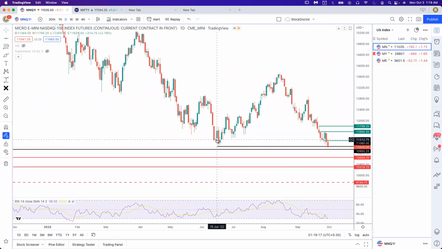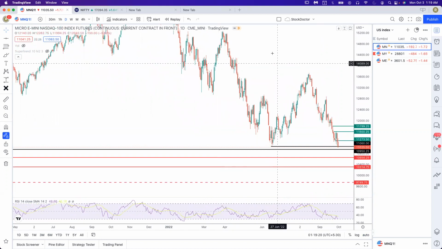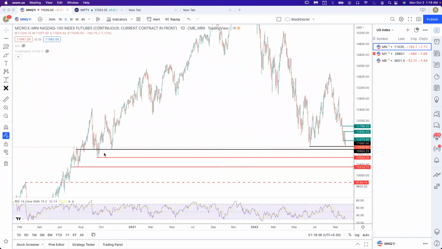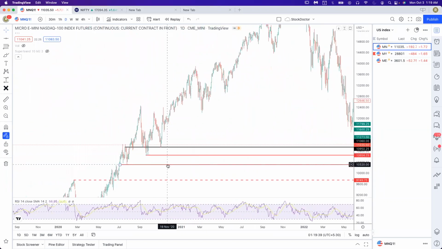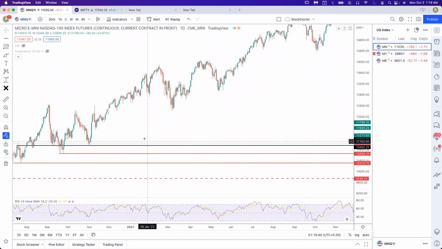Okay, and you can see here this was the first low, somewhere around 16th of June, right? The second low is created here. And if we go a bit past, you can see the same theory. It has created lows here.